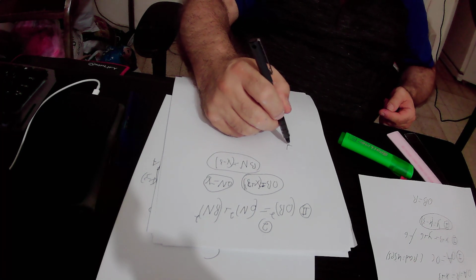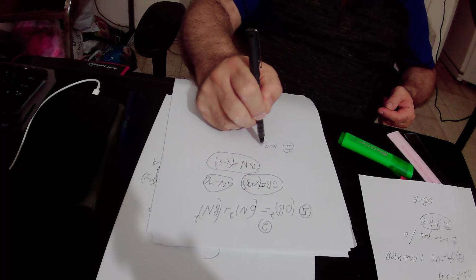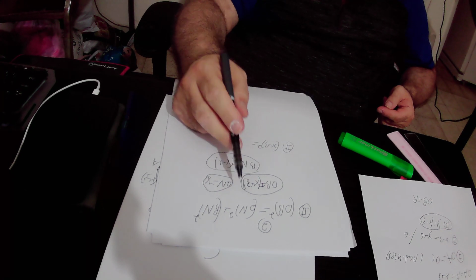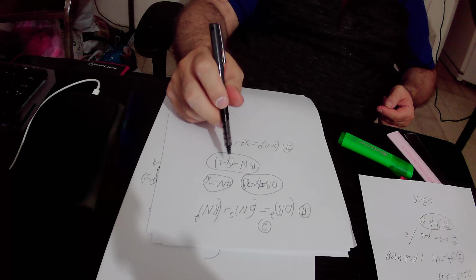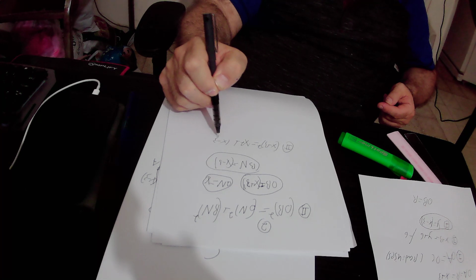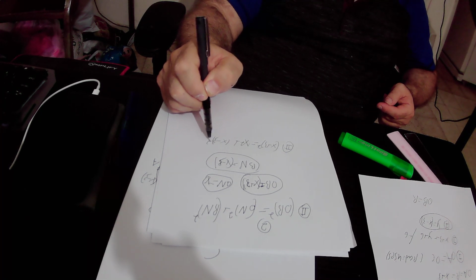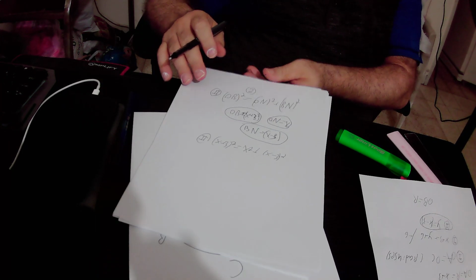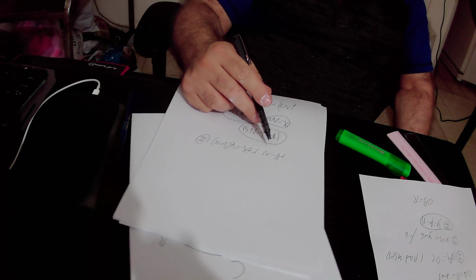We will get that OB square, x plus 3 square, equals ON square, that is x square, plus BN square, that is x minus 3 square. So equation number 2 states that x plus 3 square equals x square plus x minus 3 square.